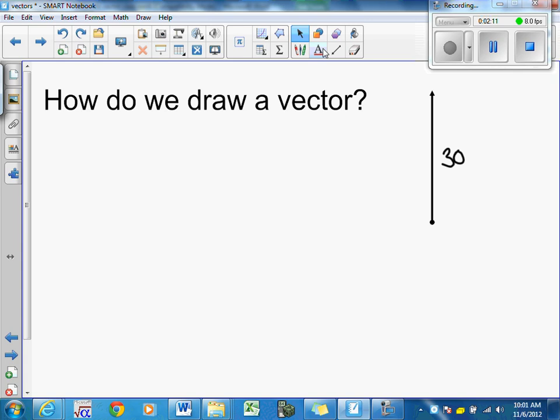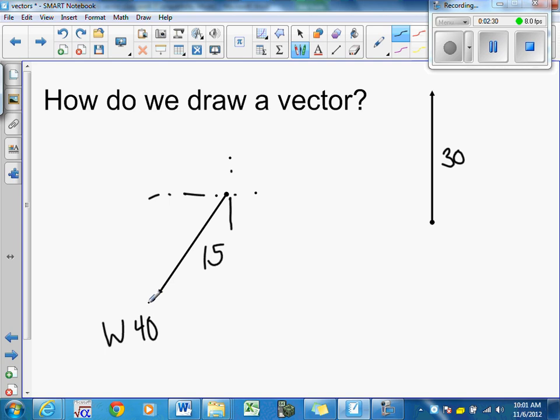So that's how we draw a vector. We have a direction it's going, and we have some magnitude. Going back to our idea of navigation, let's say this is west, 40 degrees south. That would be my direction.